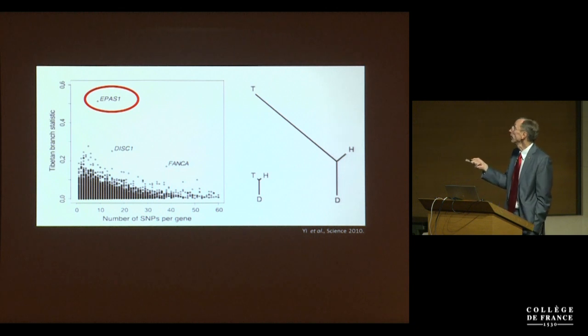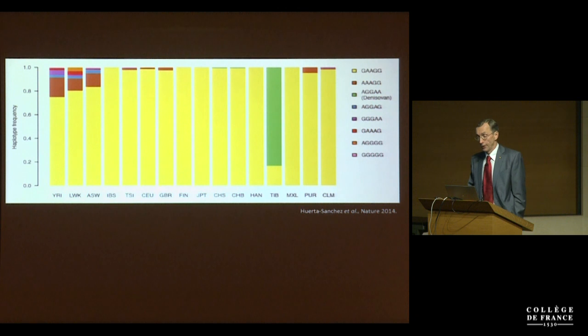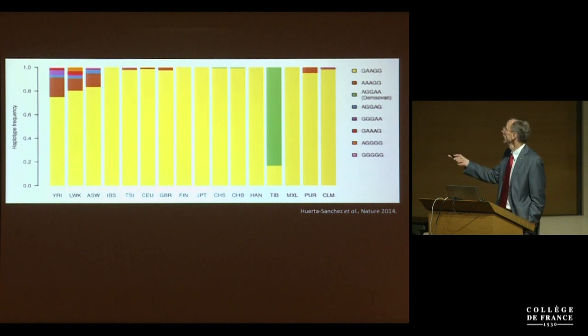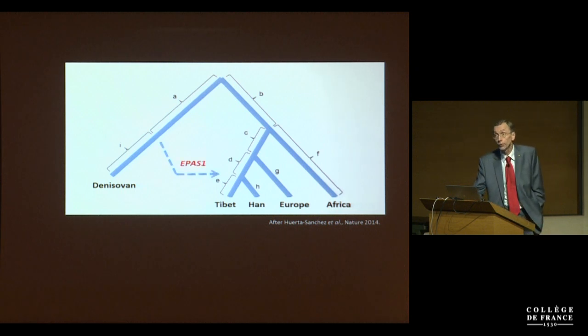And it was known that a variant of a particular gene is responsible for that adaptation. A group at Berkeley has shown that that gene variant is very frequent in Tibet, very rare at other places in Asia, and that that variant came to the ancestors of Tibetans from Denisovans.